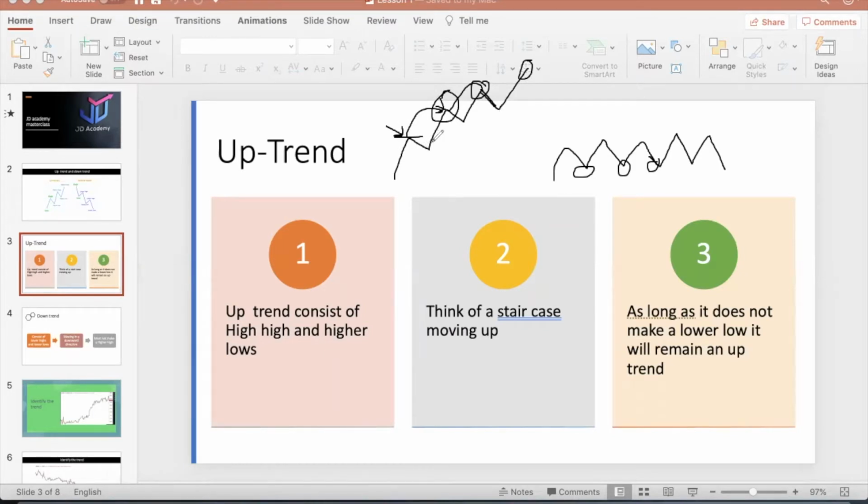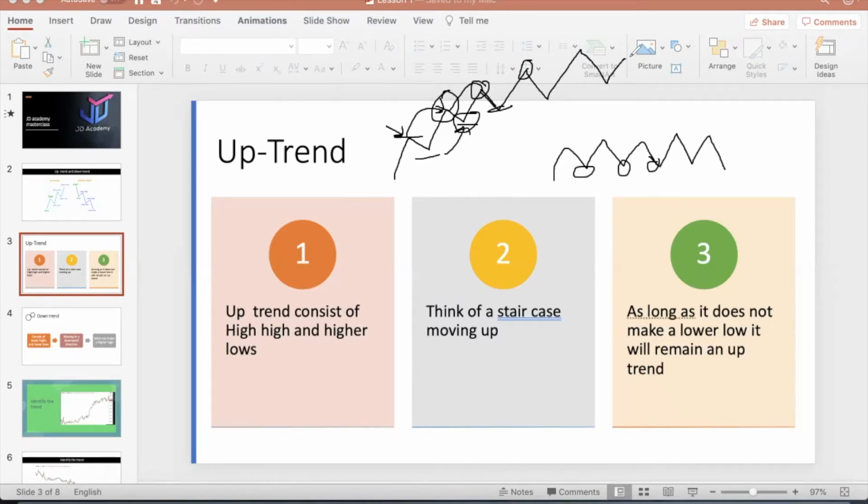Now let's look at the higher lows. Compare this low, this valley, however you look at it, with this low here. This low, the one that I'm circling here, is higher than the previous one, and now this one is higher than the previous one also. So the highs are getting higher and the lows are getting higher.